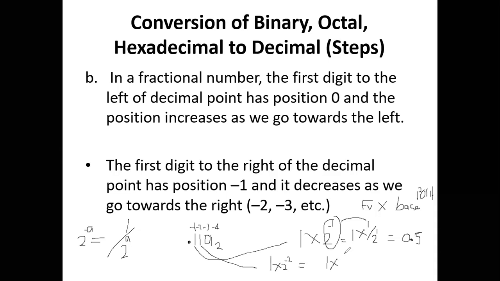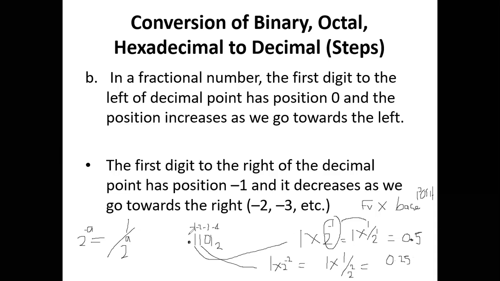So this would be 1 over 2 to the power 2, which is 2 squared, that would be 1 over 4. When you perform this calculation, you end up with 0.25.